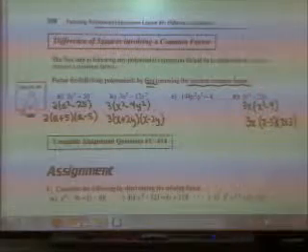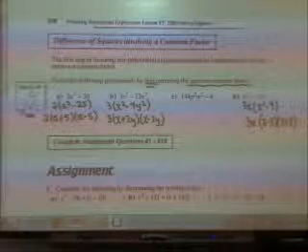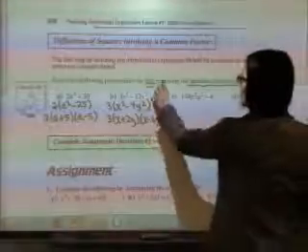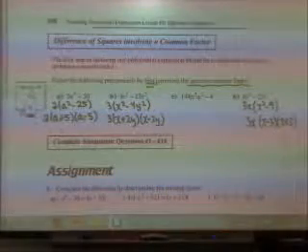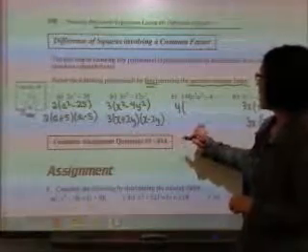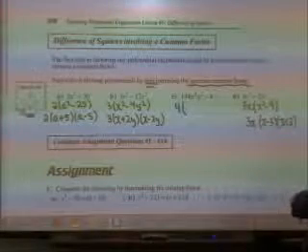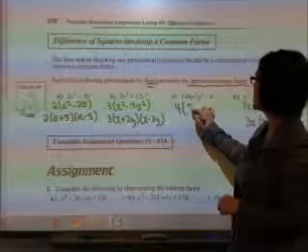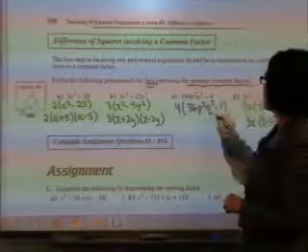So if we look at C, there are 2 ways we can approach C. The first way is following this first step. I can remove the GCF. If I remove the GCF of 4, what I end up getting is 36 p squared q squared minus 1.